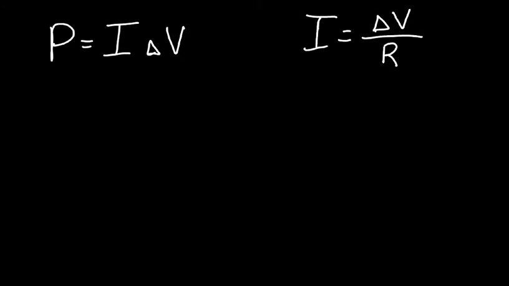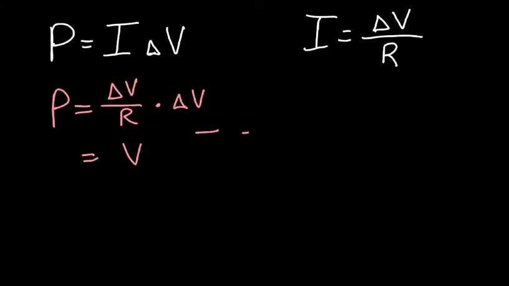If I substitute in this delta V over R here in the I spot, I'm going to get P equals delta V over R times delta V, or just delta V squared over R.